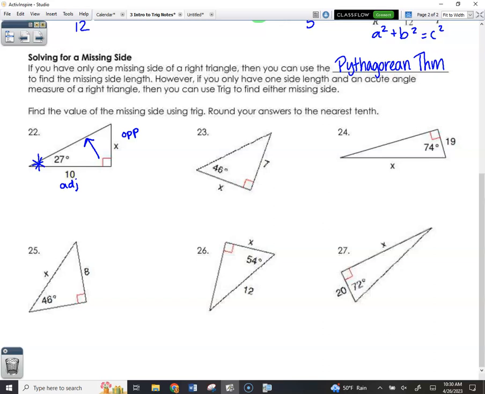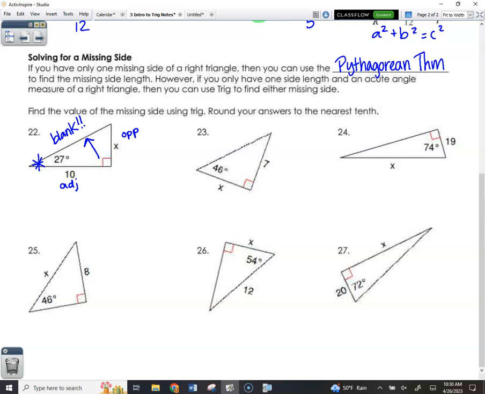When you draw an arrow from the right angle to the hypotenuse, look at this. If it's blank, there's nothing there, no variable, no number, you're using tangent every time. Okay? So we're using tangent.